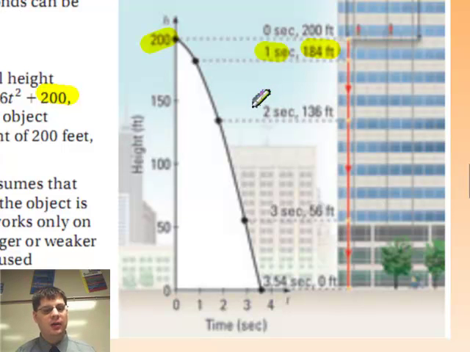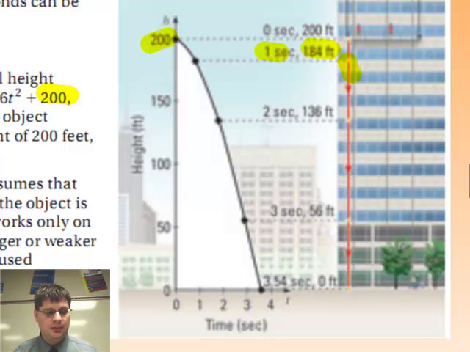And if I substitute 2 in for t, my height is going to be 136, and so forth and so on. And if my current height is, let's say, 0, that just means that we've hit the ground, and we can't go any further unless we go negative, which would mean something else.